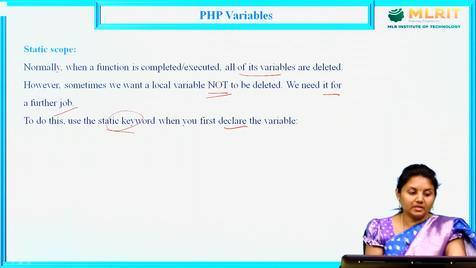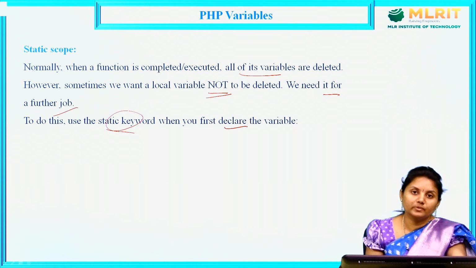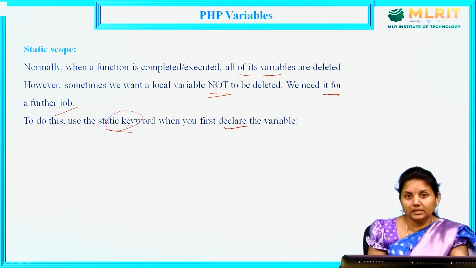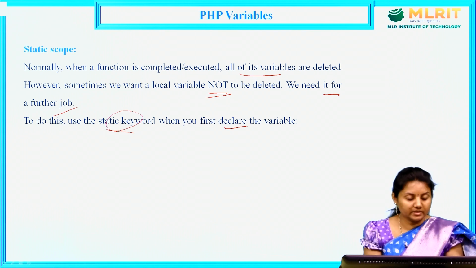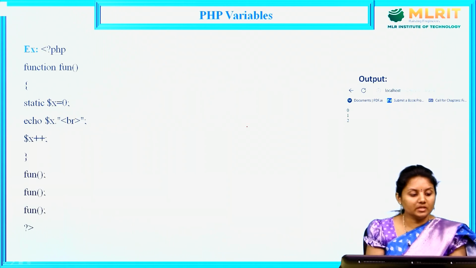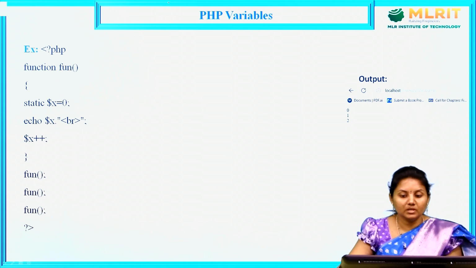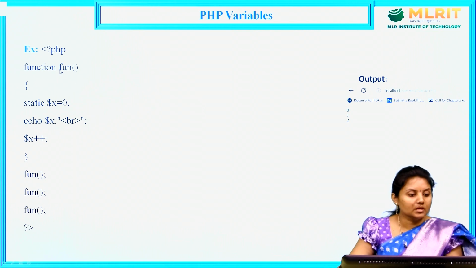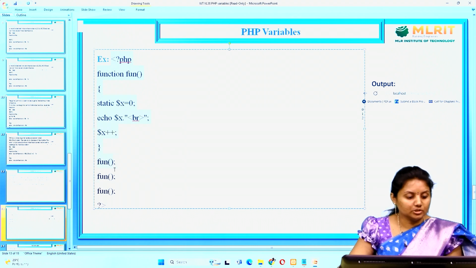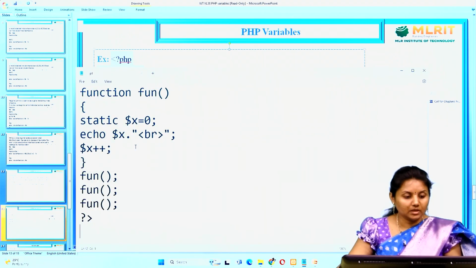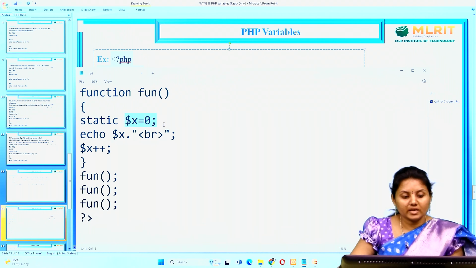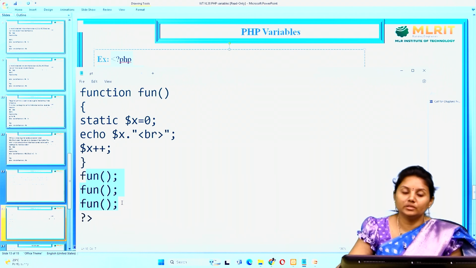So what is happening is that when your function is executed, all the variables get deleted, and if you do not want one of the variables to be erased, then make it static using the static keyword. So here is an example for the static keyword. Here we have taken a PHP variable called $x and made it static, because after calling this function we don't want to delete it.